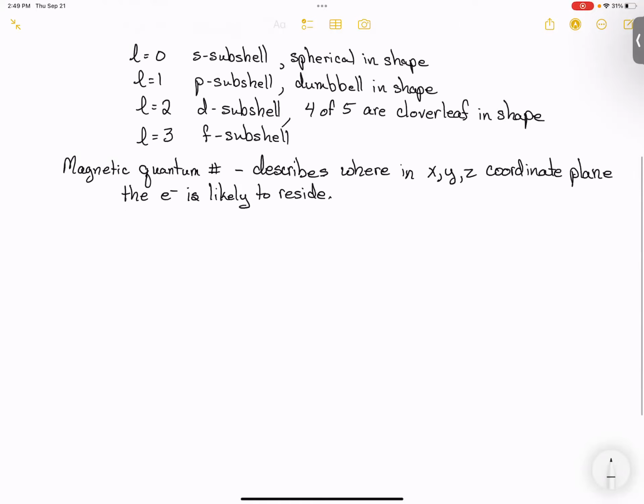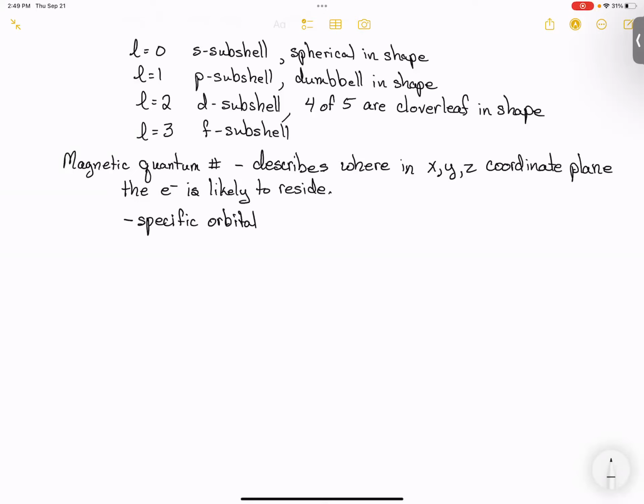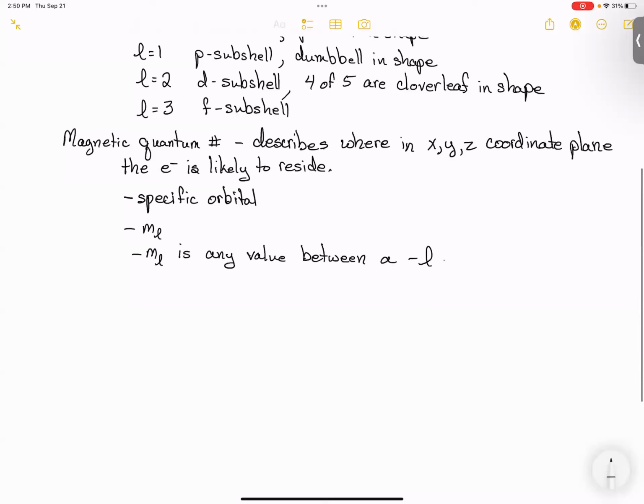And I should say that it's M sub L. And M sub L can be any value between a negative L and a plus L on a number line.